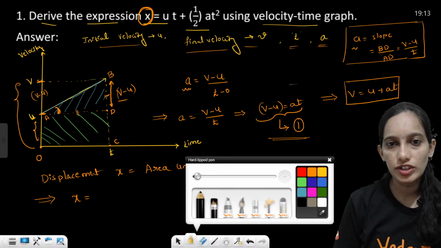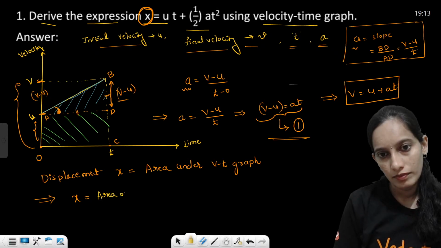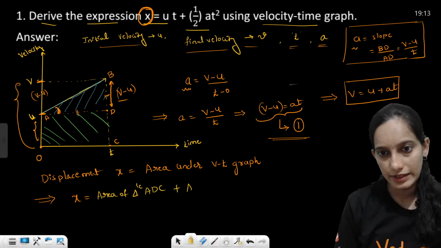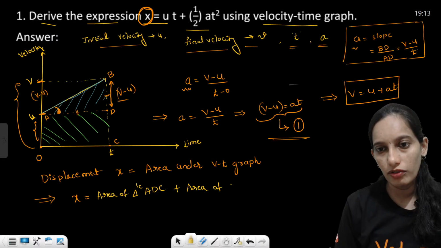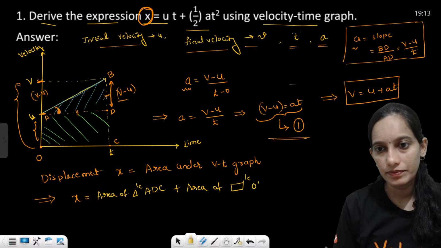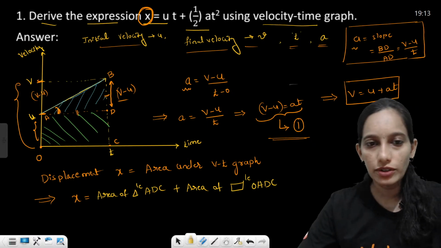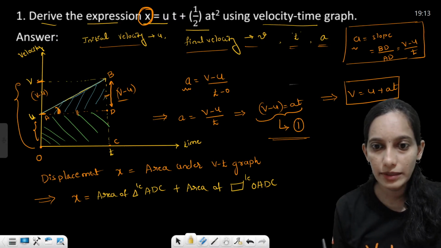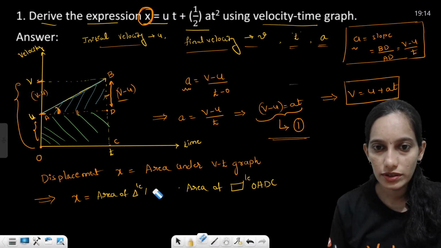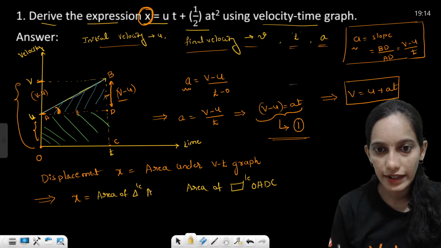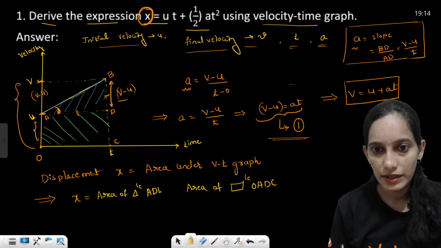So that is the area of the triangle ADB plus the area of the rectangle OADC.